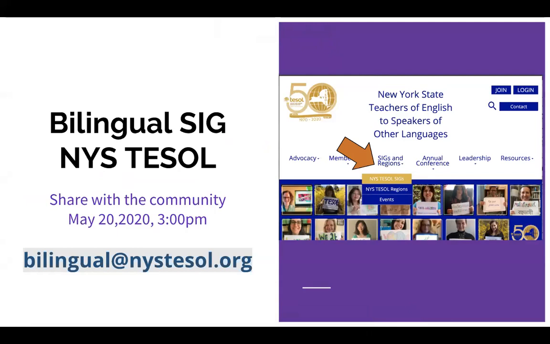Our vision as a subgroup, as a special interest group, is to put together resources on a Padlet form that people can access if they have questions related to a particular grade or subject. So if you have any resources, please share. There's an email there, and come to our showcase where you can get more details.